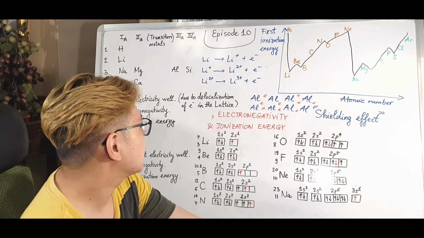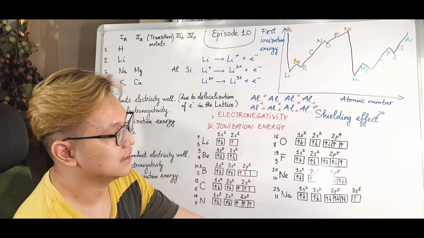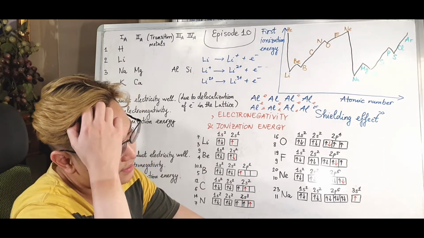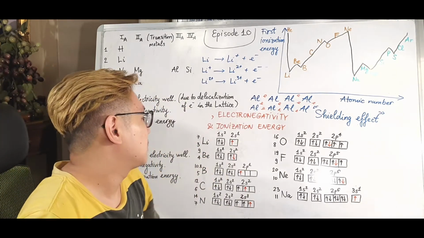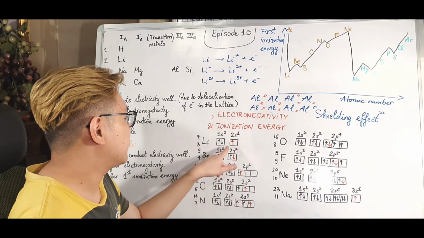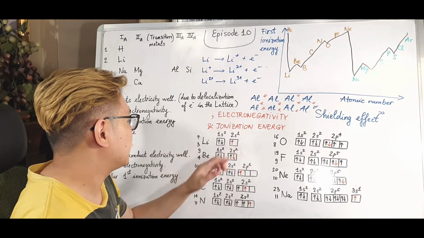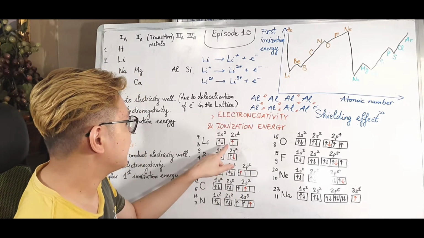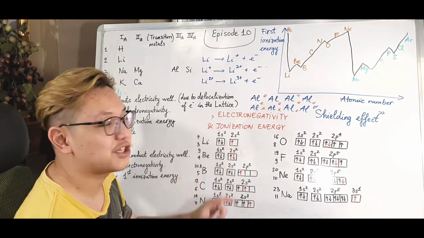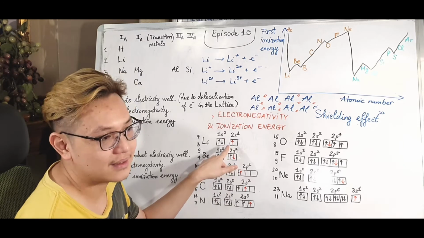Now, let's look at lithium, for example. It's in group 1A, it's a first metal. Look at its electron configuration. So, this last electron is put into this empty S subshell.